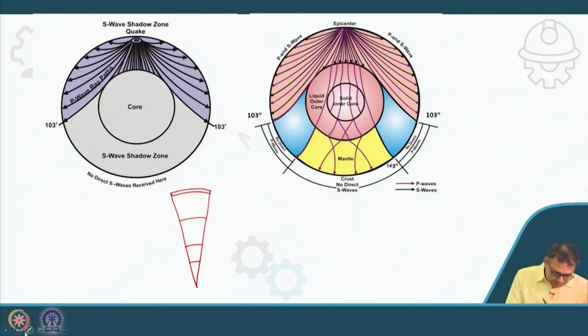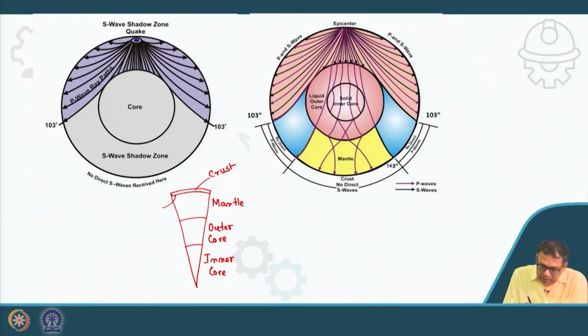I have drawn one extra layer. Clear? Now the boundary between crust and mantle is called the Moho, and the boundary between mantle and the outer core is called the Gutenberg discontinuity.